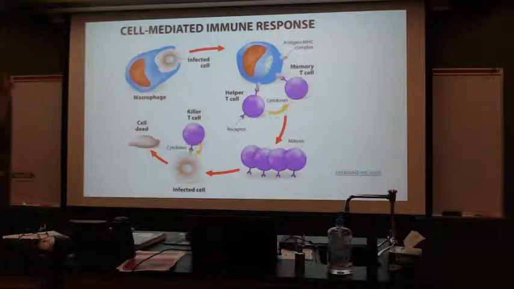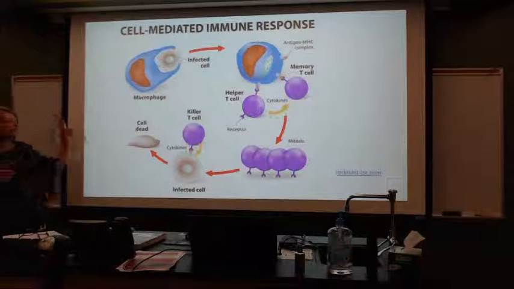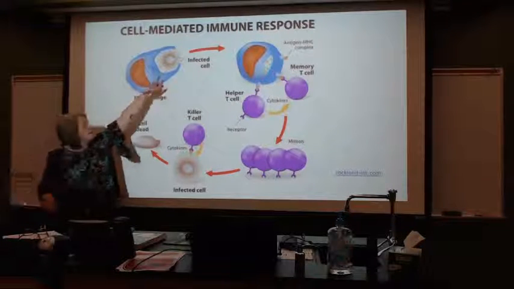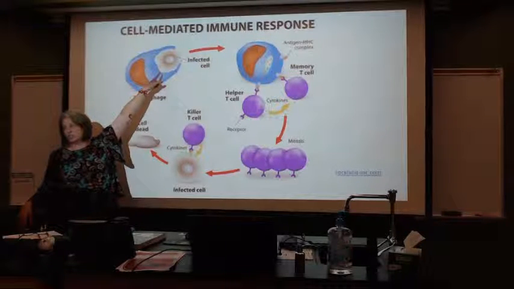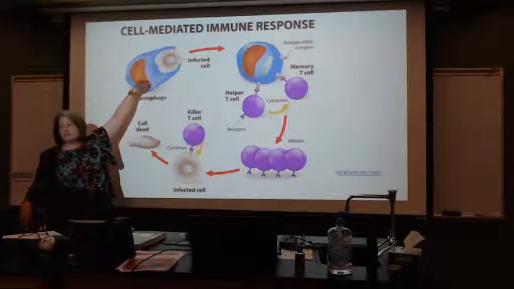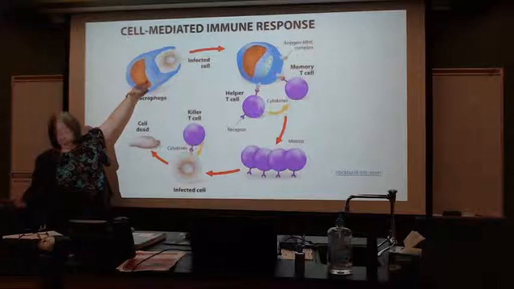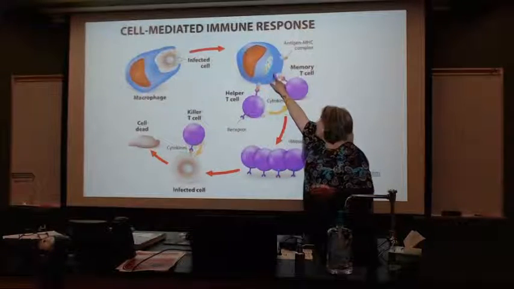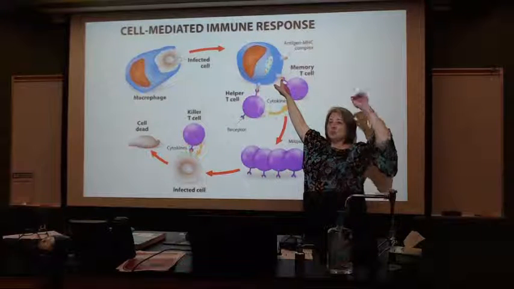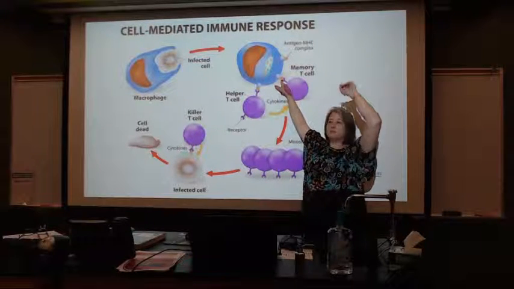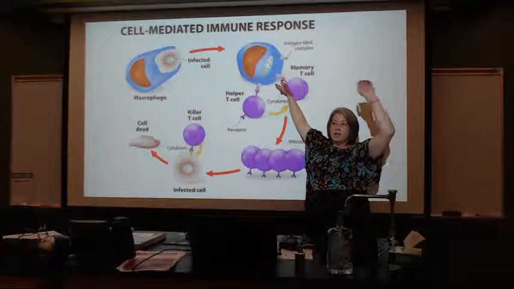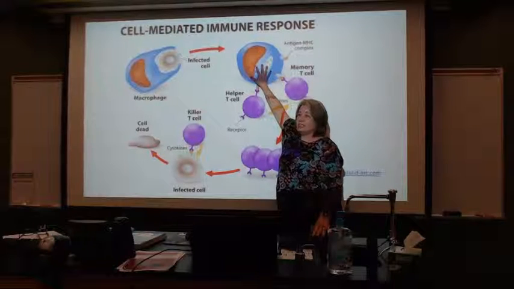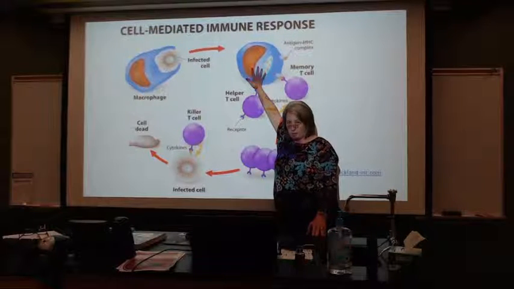So in this cell-mediated response, we have a macrophage that encounters a pathogen. It will consume it because it's a macrophage, eating it, all right? As it digests it, it will take a piece and put it onto, or push it through, so to speak, the cell membrane. And it has now become an antigen-presenting cell, okay?